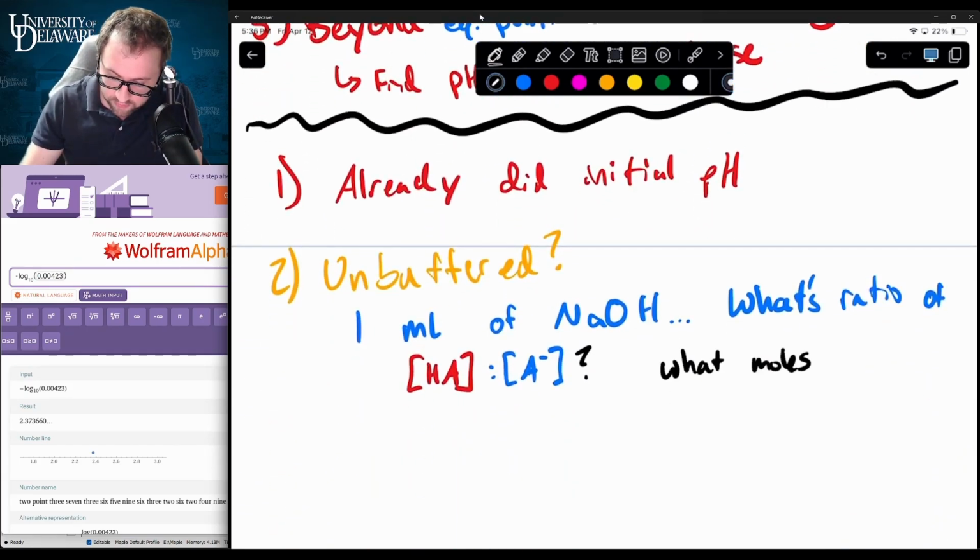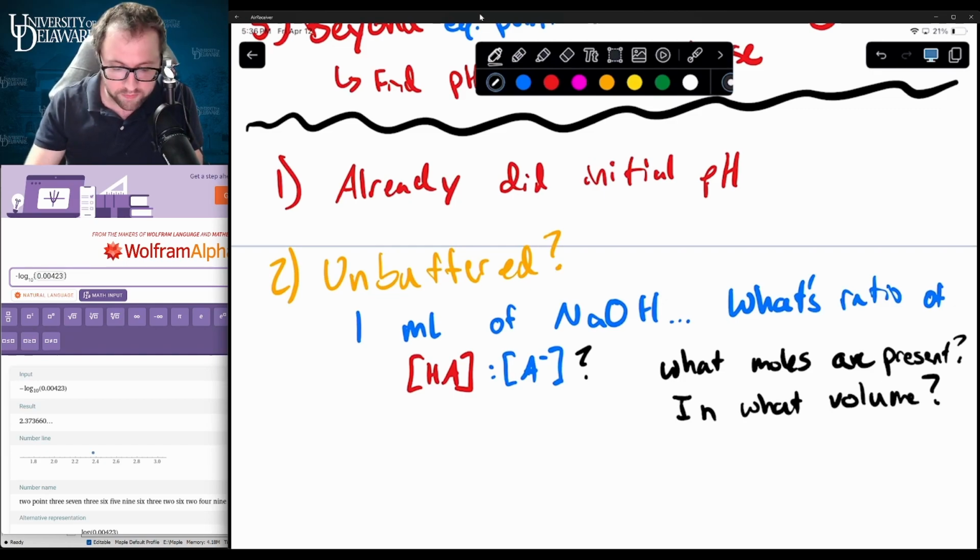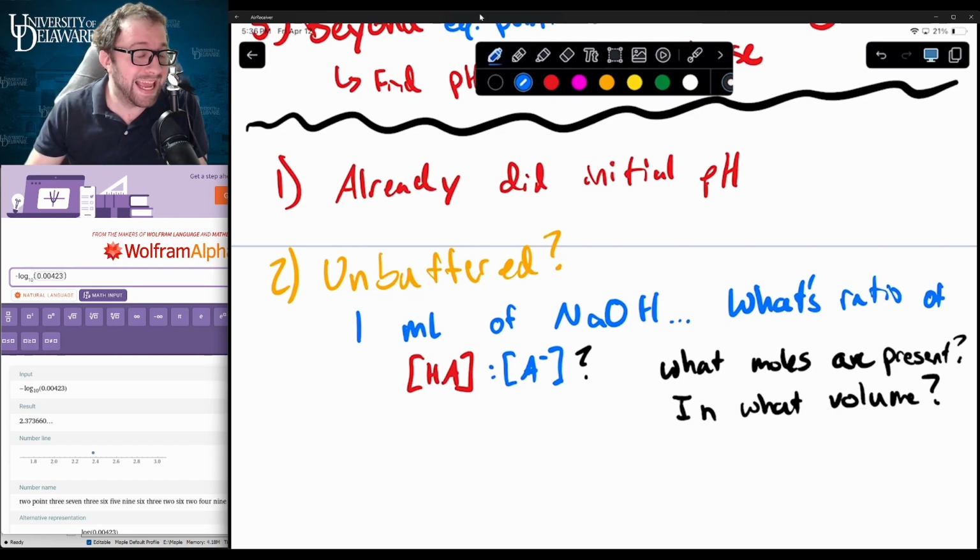So what moles are present in what volume? All right, so if I add 1 milliliter of base to 50 milliliters of acid, and we assume volumes are additive, which these are aqueous additions, and they are similar concentrations, so it's probably the case.